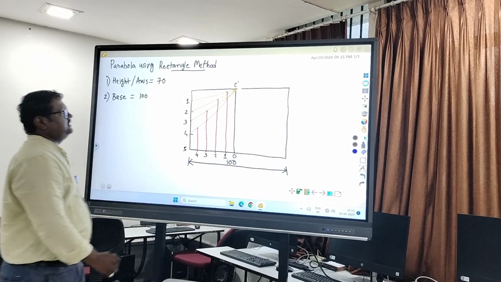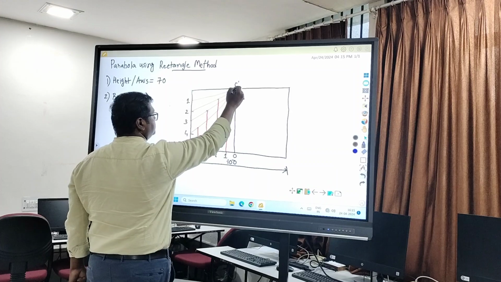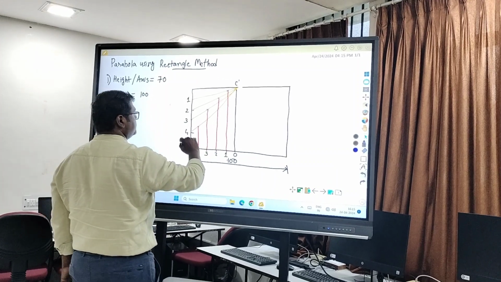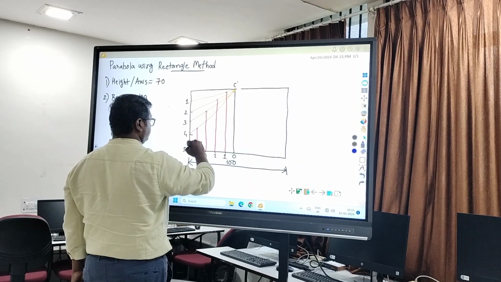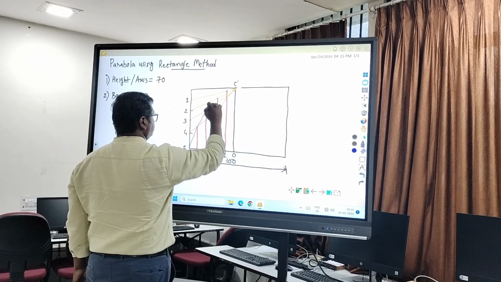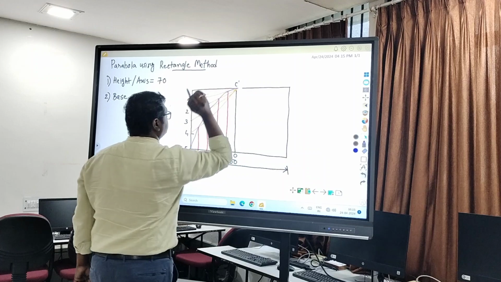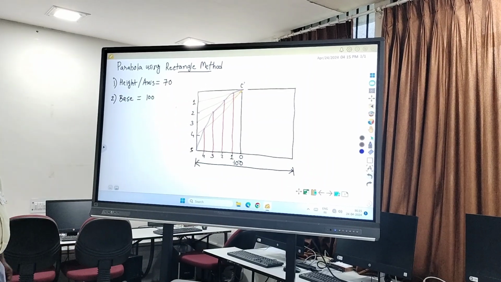Now join all these points using a smooth curve to produce half of the parabola. So we are joining all these points using a smooth curve for half of the parabola.